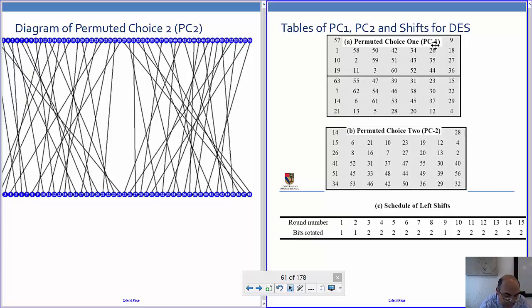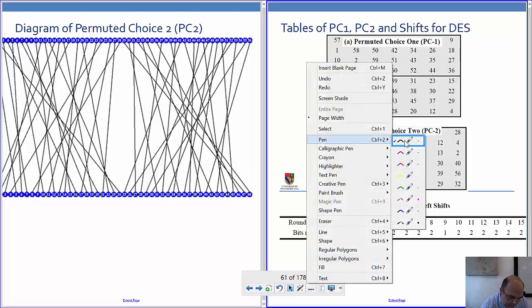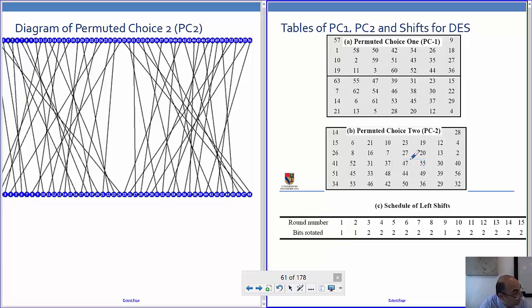Permuted choice 1, what will it do? Who can tell me?